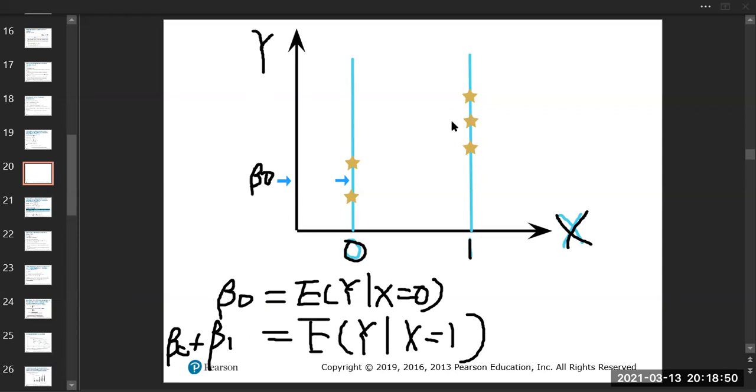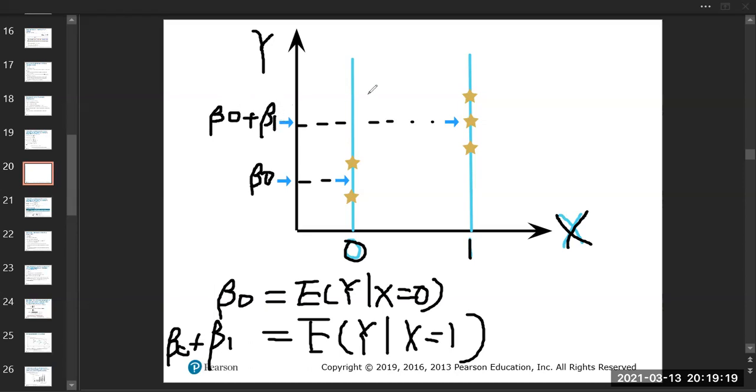So where is it? It's the middle one. Let's assume that the 3 of them are equally spaced. Let's go all the way here, and then this mark is beta 0 plus beta 1.